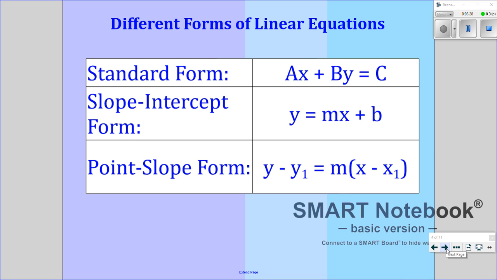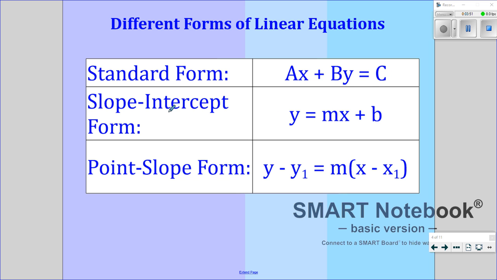Okay. So the different forms of linear equations that you've already learned, and the new one that you're going to be introduced to, which is point-slope form, notice the difference. The standard form is ax plus by equals c. That's the standard form when you have the two variables on one side and the constant on the other side by itself.